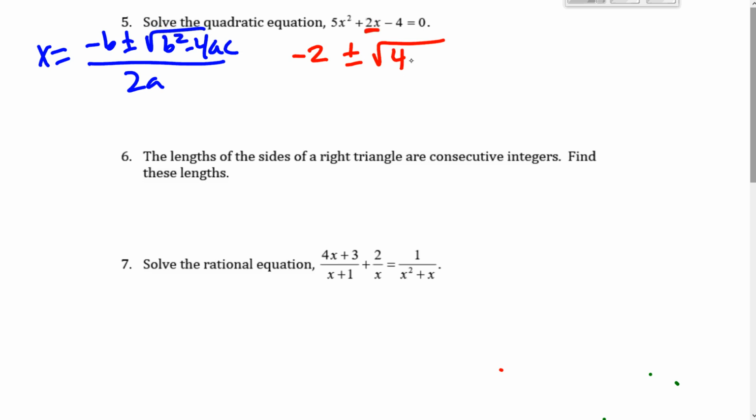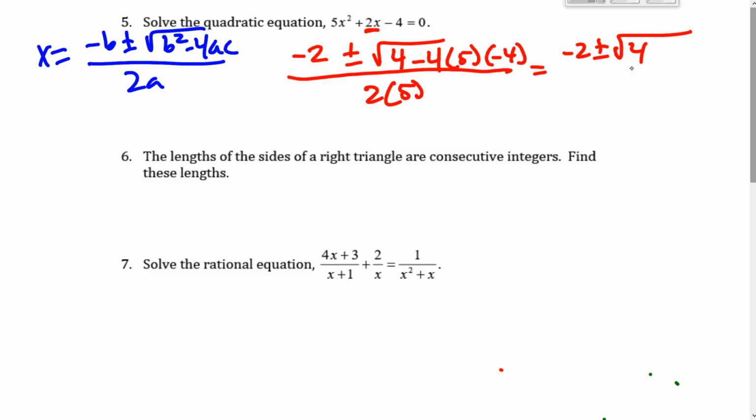So that's 4 minus 4 times my a, which is 5, times my c, which is negative 4. I always start on the inside, and then 2 times my a. So I start with this negative 4 times 5 times negative 4. So that's negative 20 times negative 4, which is a positive 80, all over 10. And then I can simplify that.